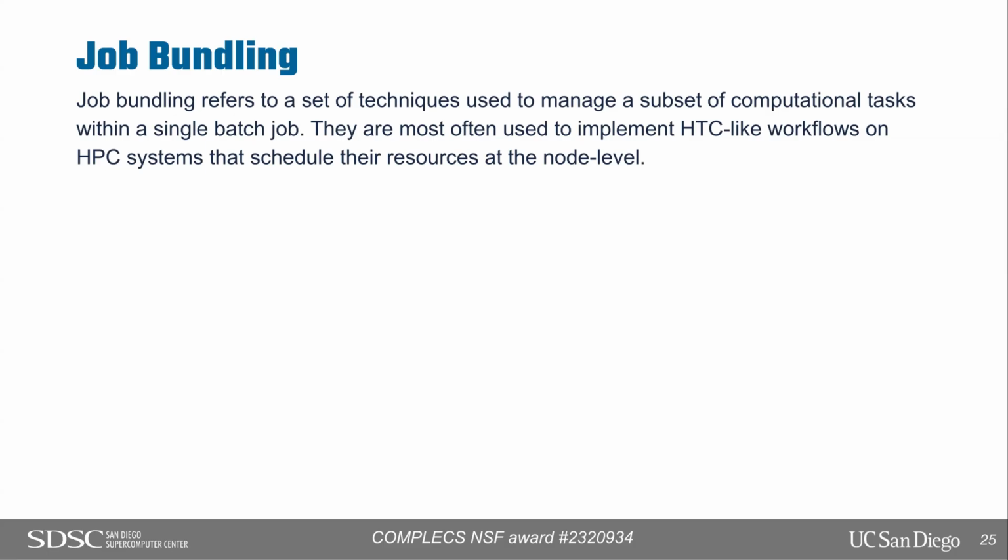So job bundling is the idea of how you manage these smaller computational tasks within a single batch job, so that you don't waste the resources. For example, on Expanse, you have 128 CPU cores per compute node, the standard compute node.